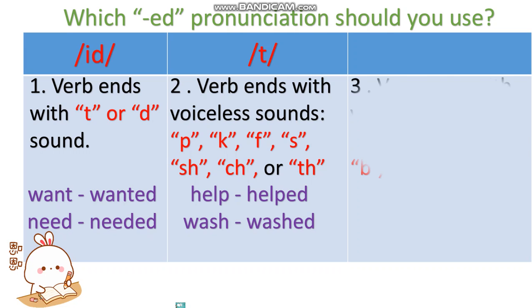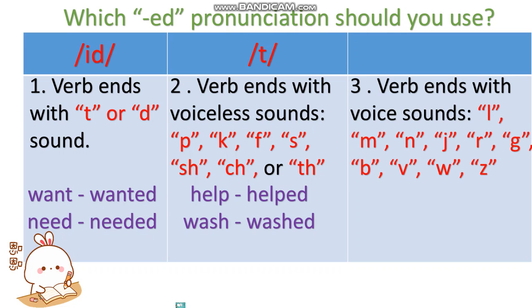If the verb ends in any vowel or in a voiced sound like l, m, n, j, r, g, b, v, w, z, use the d ending. For example, called, played.